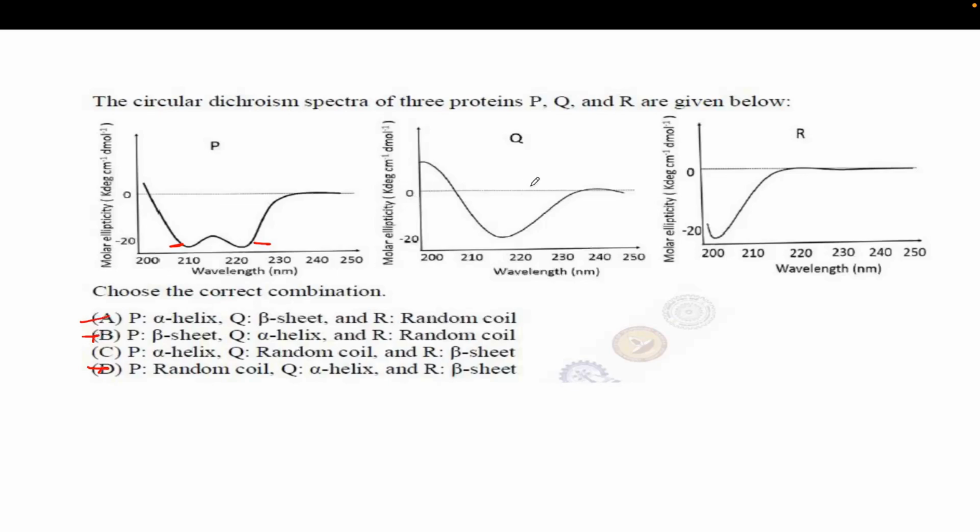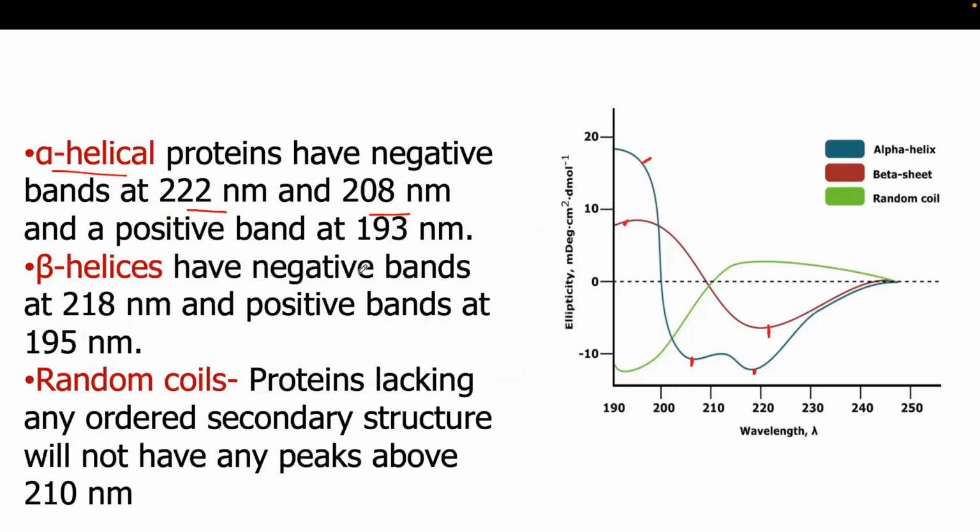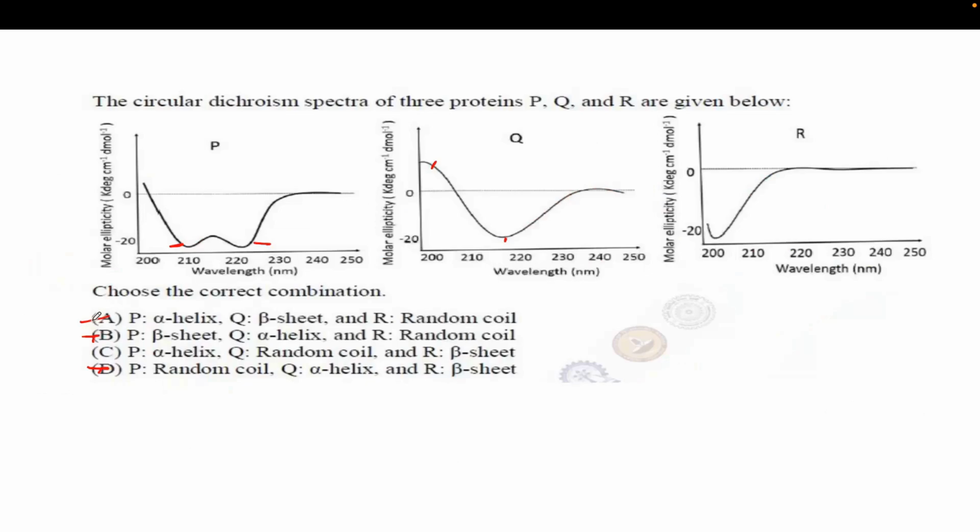Then we move to Q. Q has one negative peak at 218 nanometer, and at 195 nanometer there is a positive peak. This is the characteristic feature of beta sheet. This red one has a negative band at 218 nanometer and a positive band at 195 nanometer.